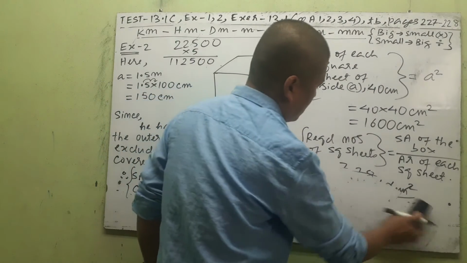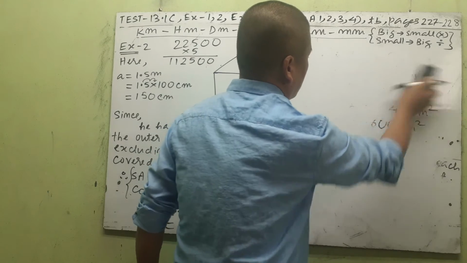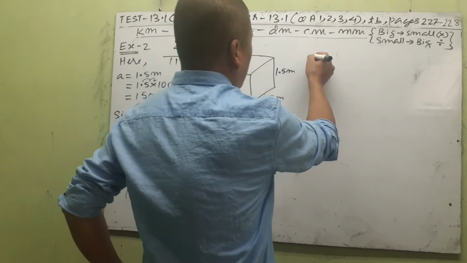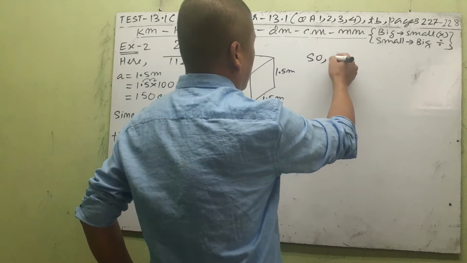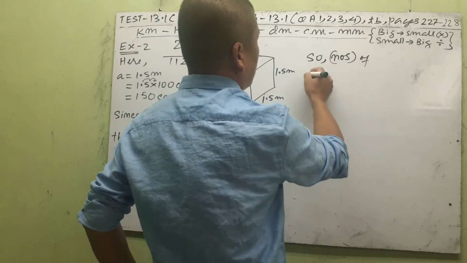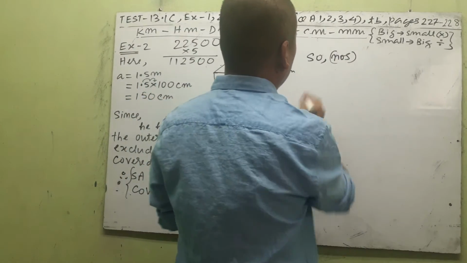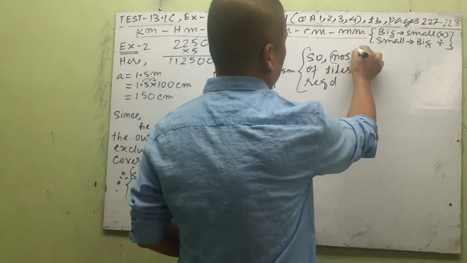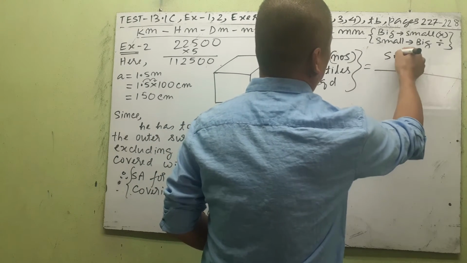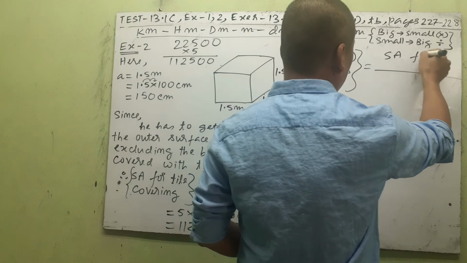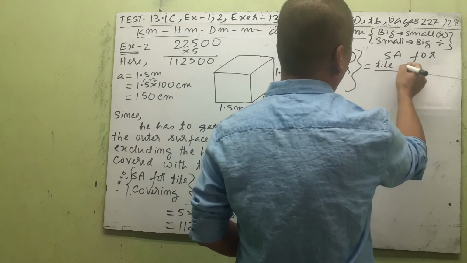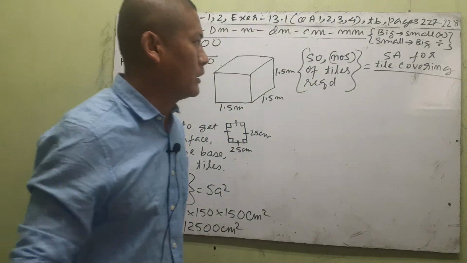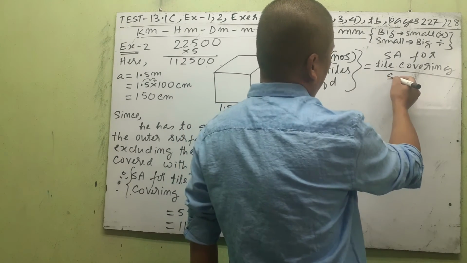So now we write here, the number of tiles required to cover up, written in short, will be the surface area for tile covering divided by the area of each tile.